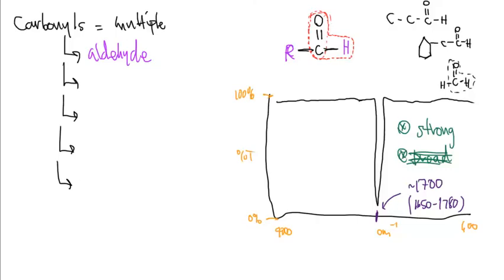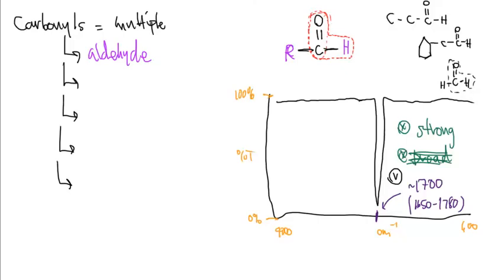Now, when we talk about the infrared for an aldehyde, what we will see is a 1700 peak because it has the C double bond O that's present. So we should at least see that. But an aldehyde has something else that's very specific.